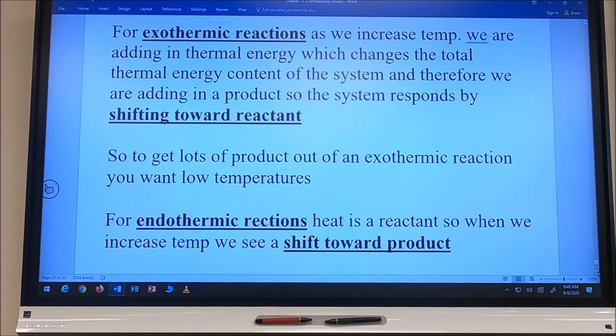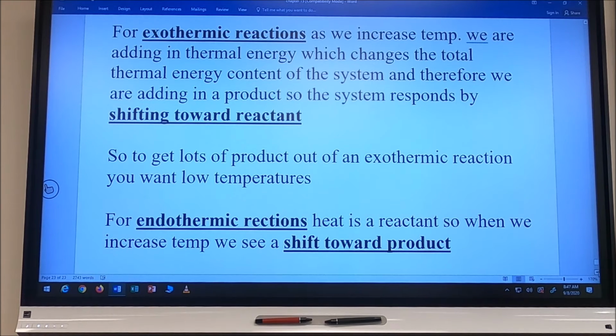For exothermic reactions, as we increase temperature, we add in thermal energy, which changes the total energy content of the system. So we're adding in a product, we cause a shift toward reactants. So for exothermic reactions, increasing the temperature causes the reaction to run in reverse.